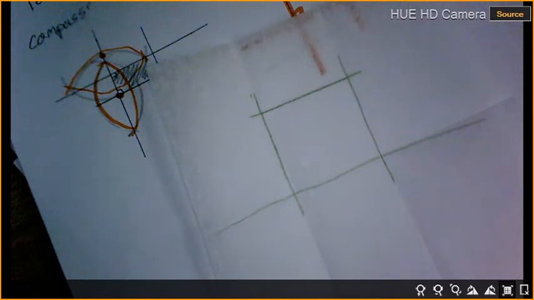Okay, we're going to move on to a rhombus. Okay, we're going to do a rhombus with a compass, all right? So we always start with a straight line.